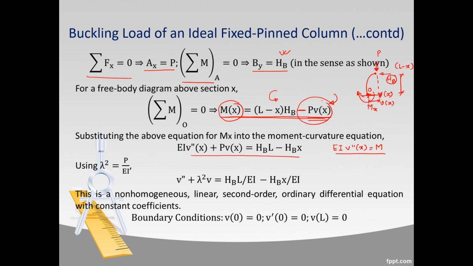You take this P vx to the left hand side in this equation, so it becomes plus P vx equals Hb into (L minus x). We will again use the notation lambda square, which is given as P by EI. Divide both sides of our equation by EI. Then we will get the equation as v double prime plus lambda square v, and this term on the right hand side.